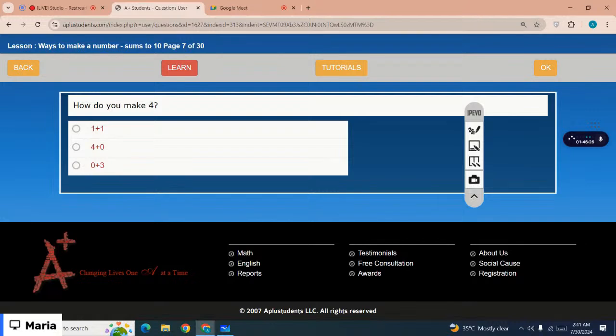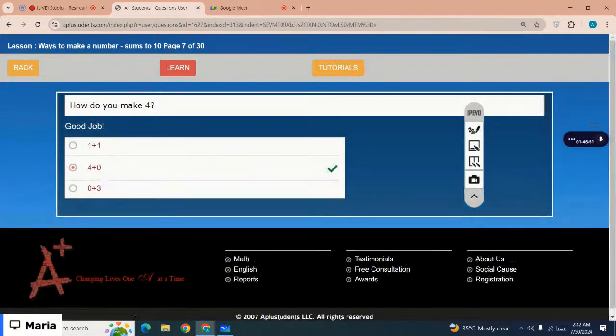How do you make 4? Which is the correct option? That is 4 plus 0 is the correct option.